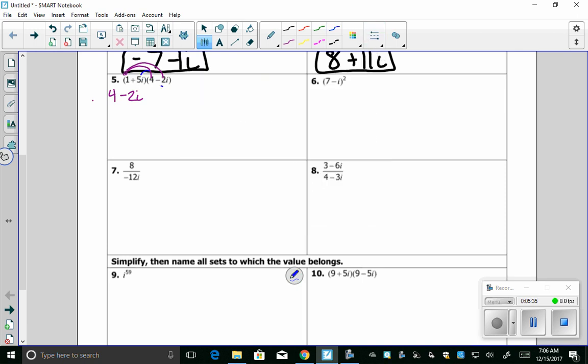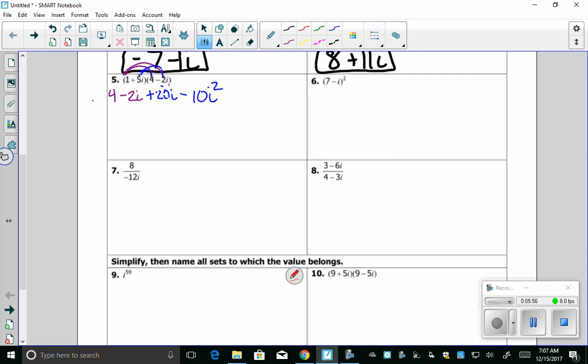Then I have to do the positive 5i times 4, which gives me positive 20i. And then 5i times negative 2i, which gives me negative 10i squared.